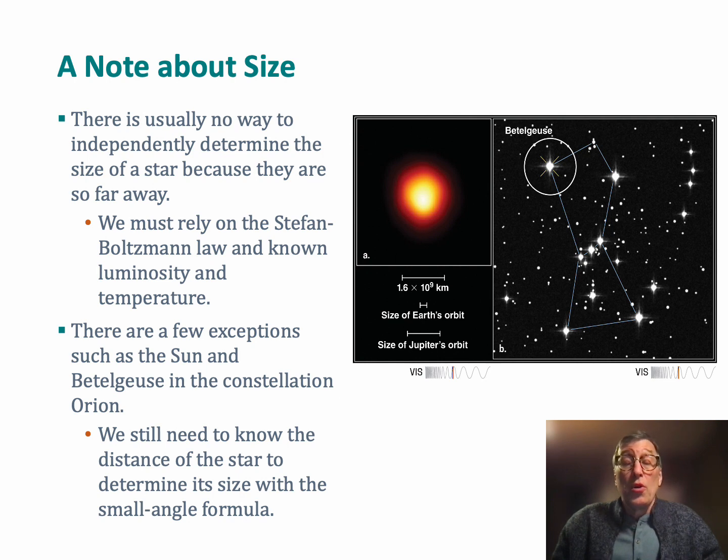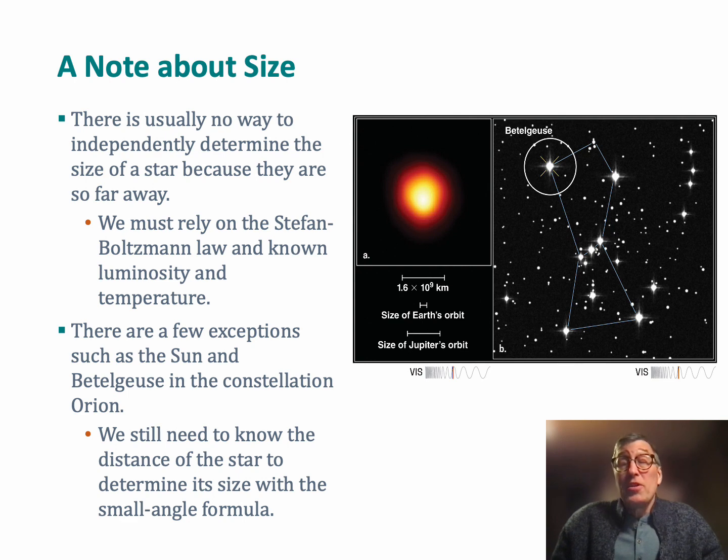If we know the luminosity, which we measure by how bright the star is and how far away it is, and we know the temperature, then we can determine the size of the star. This is the only way to do it for most stars. For very few stars, we can actually observe the diameter of the star. But most stars are so far away that they only appear to be pinpoints of light. We can't actually see how wide they are.